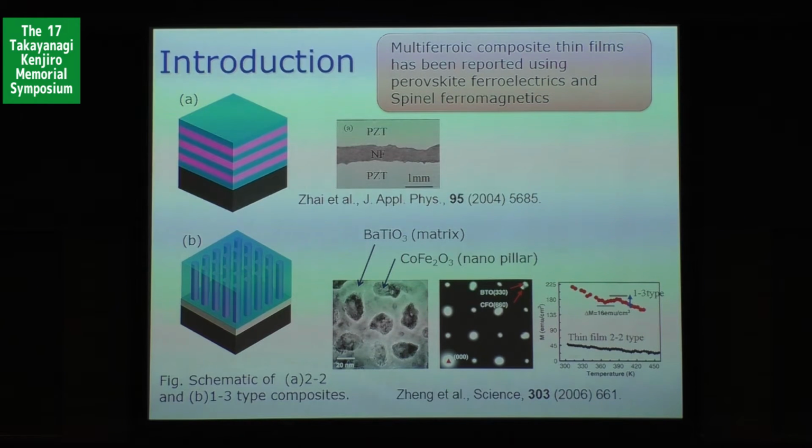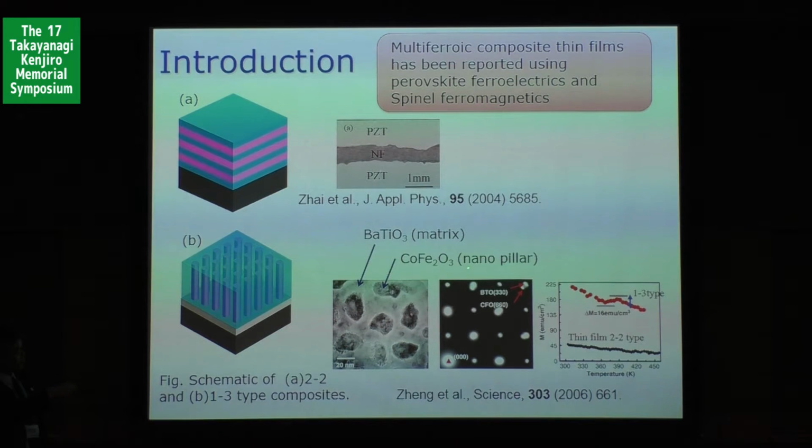Multiferroic composites are receiving special attention now. For composite type multiferroic materials, there are ferroelectric materials like PZT or barium titanate, and ferromagnetic layers like nickel ferrite, in a layer by layer structure. Or there is the 1-3 type, where nanopillars of cobalt ferrite stand in a barium titanate matrix.